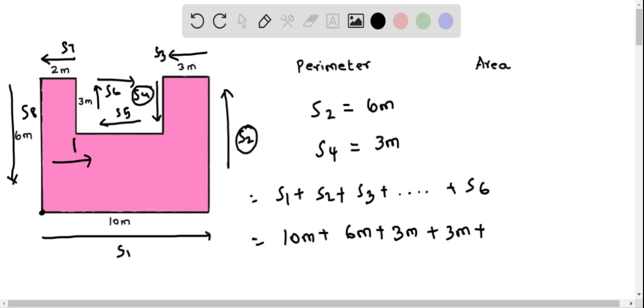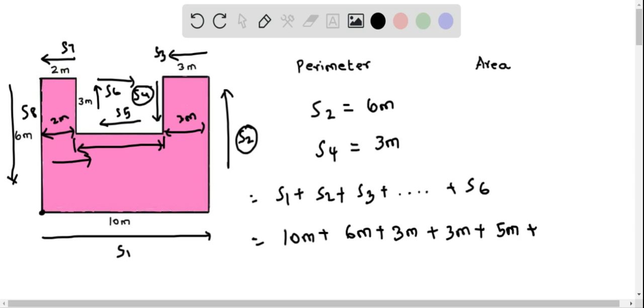S5 is what we have to calculate. This is the side length S5. We know that this side length is 2 meter, and also this side length is 3 meter. So the side length S5 is exactly opposite to this side length of 10. So 10 minus (2 plus 3), which is 10 minus 5, is 5. So S5 is 5 meter.